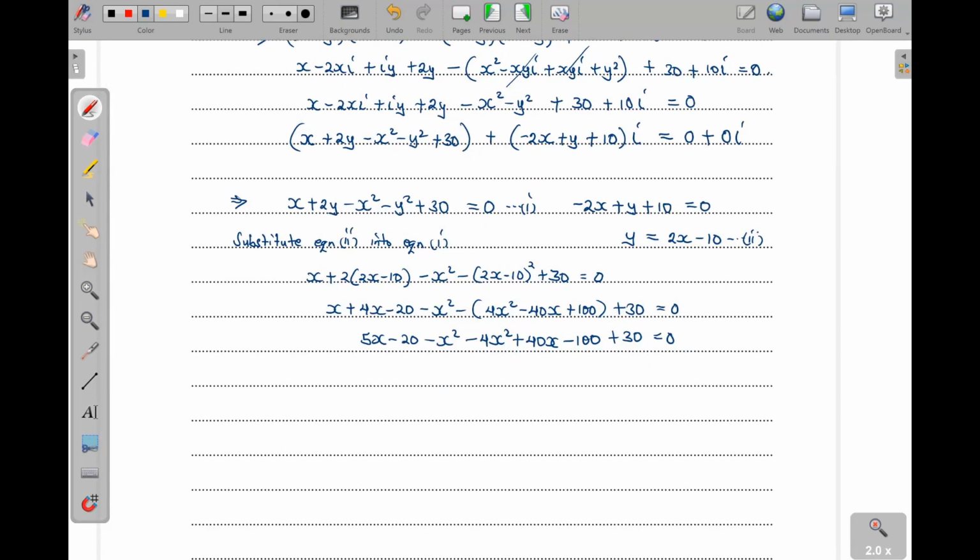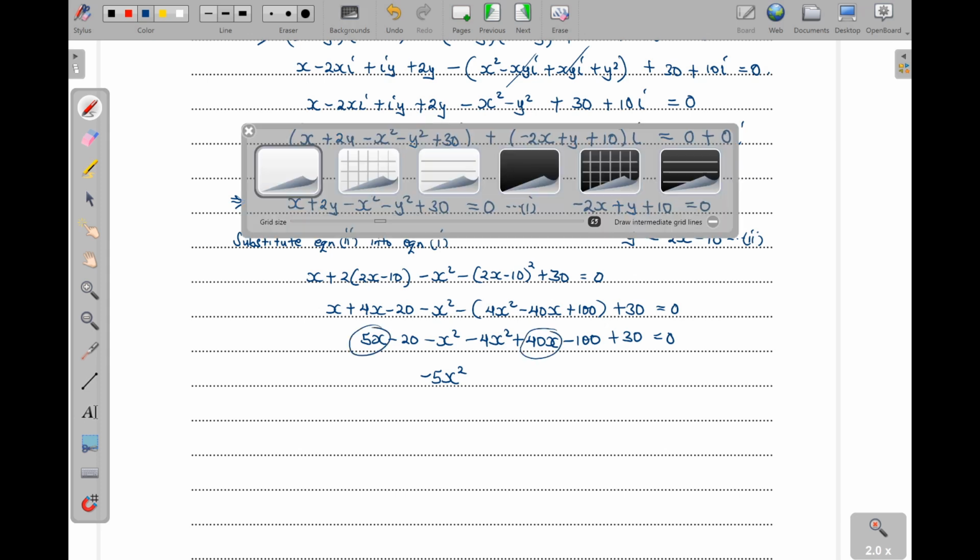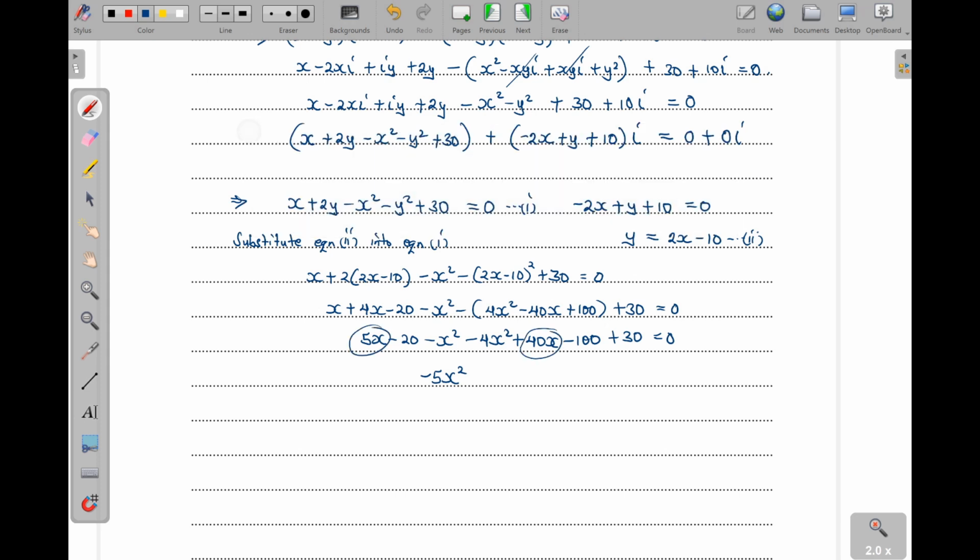So when we simplify, this is minus 5x squared, trying to write this as a quadratic equation. Then this is 5 plus 40, that one will give us 45, right? So plus 45x. And then this one here will give us minus 70, then minus 20, that will give us minus 90.